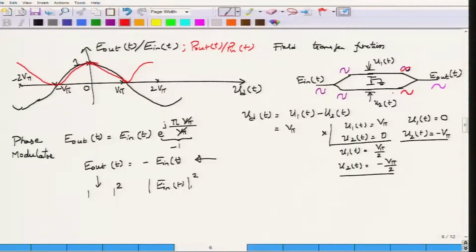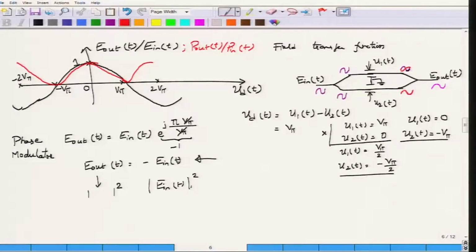Now, go back and think about Young's double slit experiment. If I have two waves which are out of phase by 180 degrees, what would be the output that you would see on the screen? It would be 0, because two waves which are the same everywhere else except their phase is 180 degrees out of phase with respect to each other will destructively interfere to give you a 0.